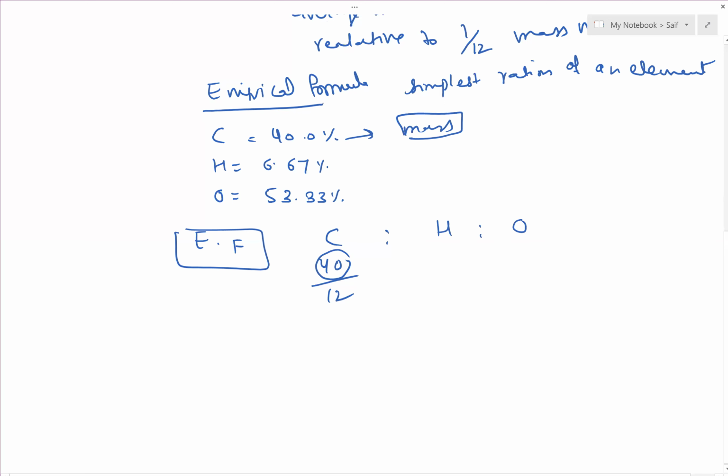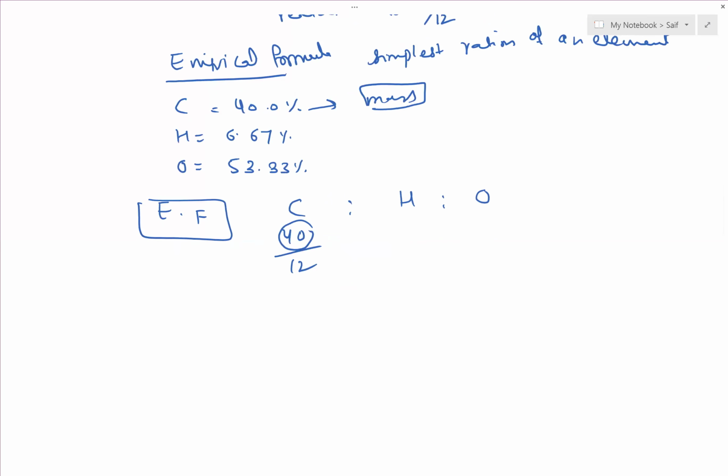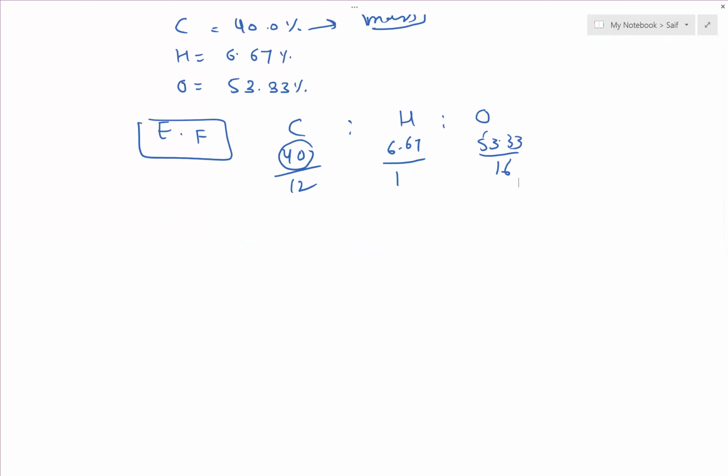Whatever mass you have is divided by the original mass, so 6.67 divided by 1, and 53.33 divided by 16. If you do the calculation, you are going to get the ratio of 3.33, 6.67, and 3.33.